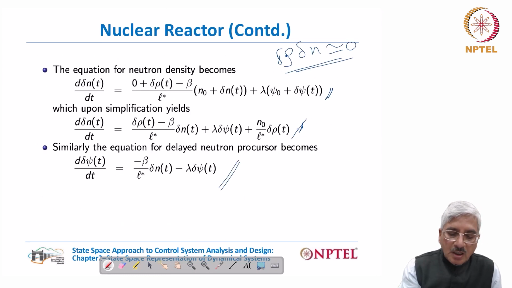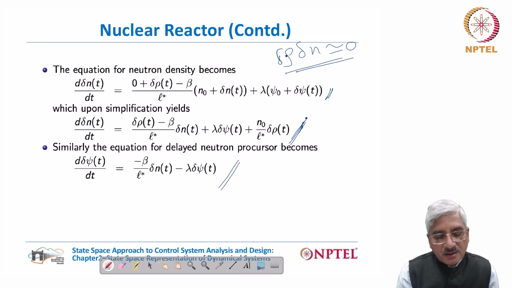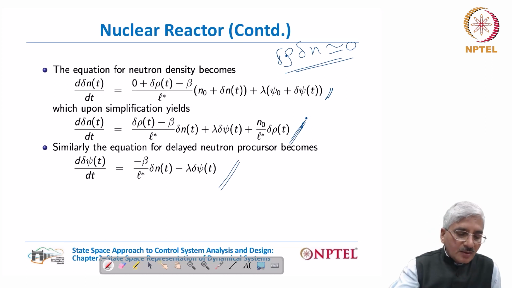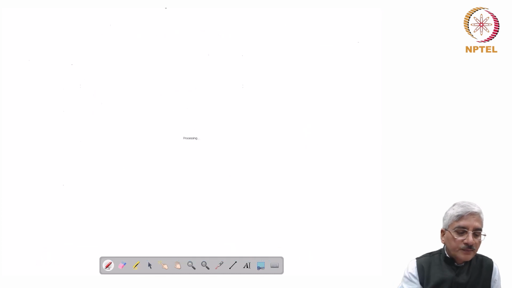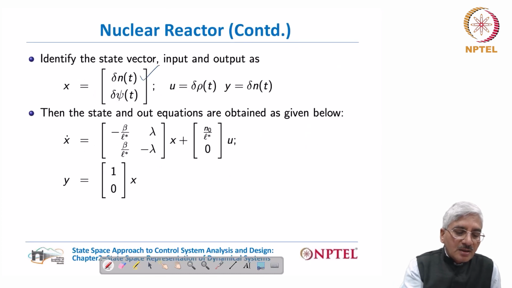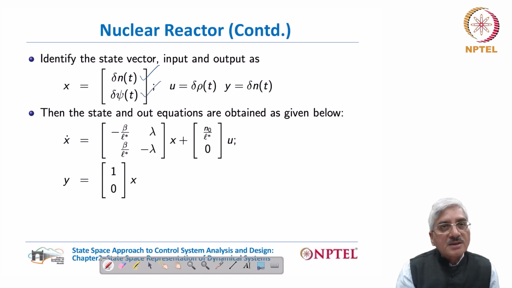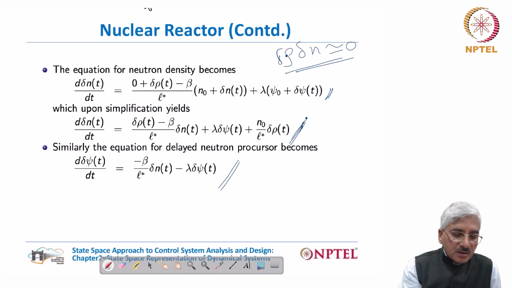So these two are the respective linearized equations for the nuclear reactor, and we can identify the states as Δn, the neutron density, and Δψ, the incremental change in delayed neutron precursor concentration. The input we identify as the change in reactivity and the output as neutron density. Then with the help of these equations, we can easily write the matrices A, B, C and D.